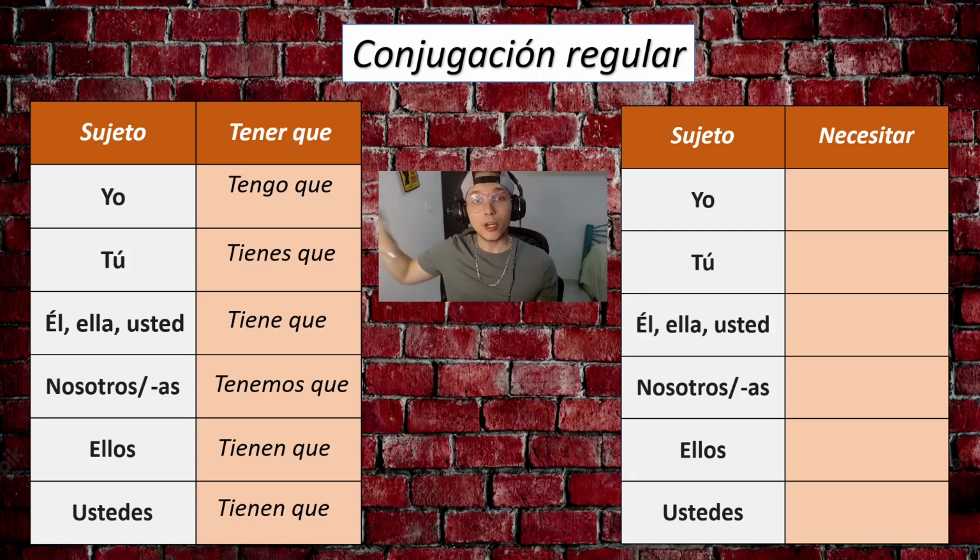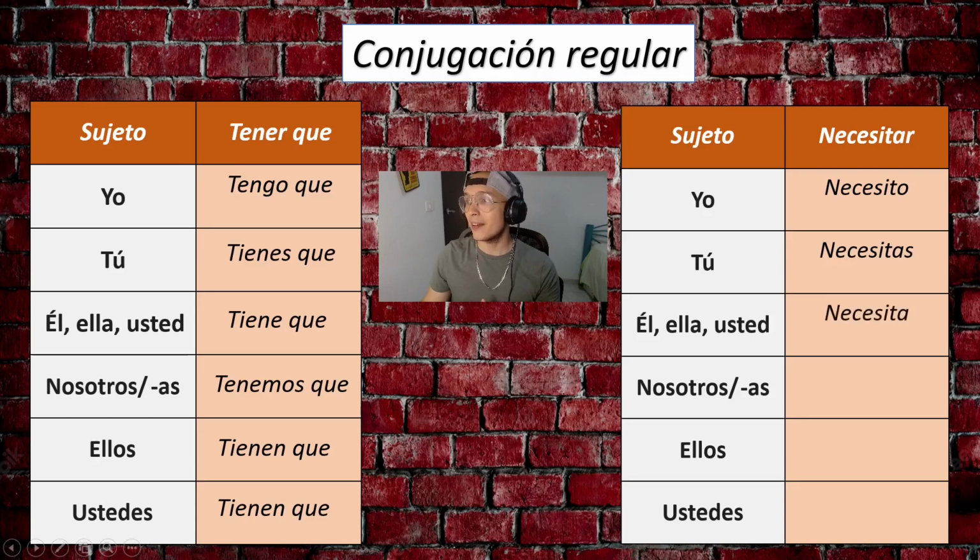Now, let's go with the other verb, with necesitar. We say, yo necesito. I need. Tú necesitas. You need. Él necesita. He needs. Ella necesita. She needs.